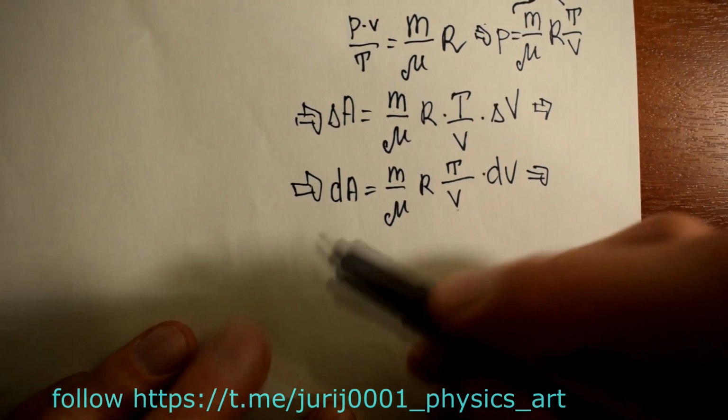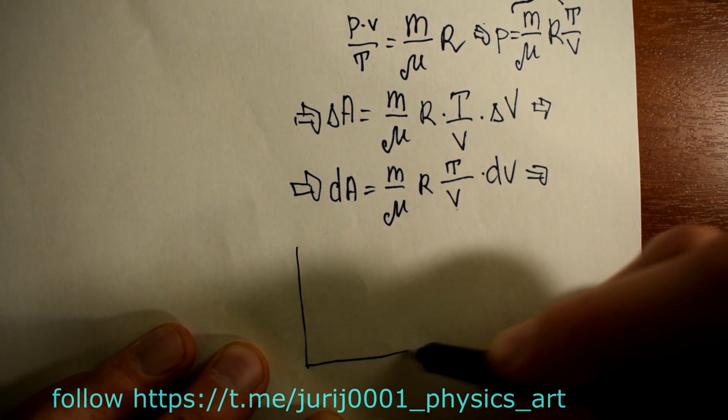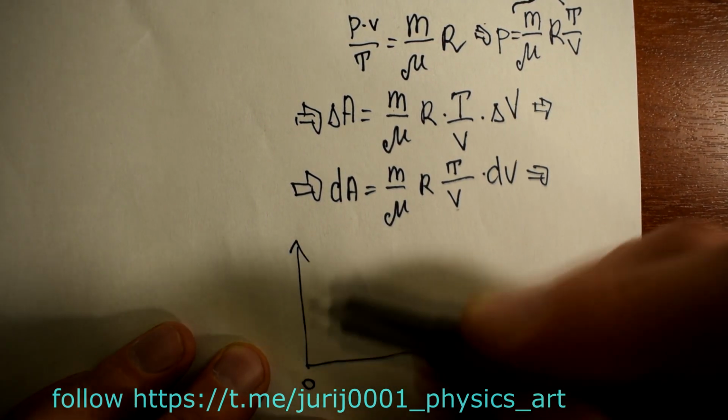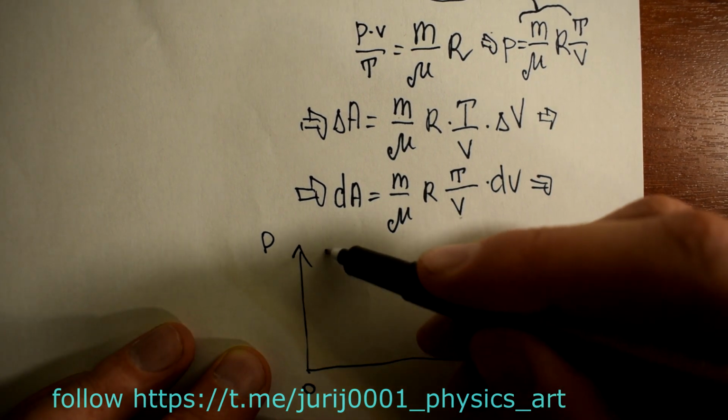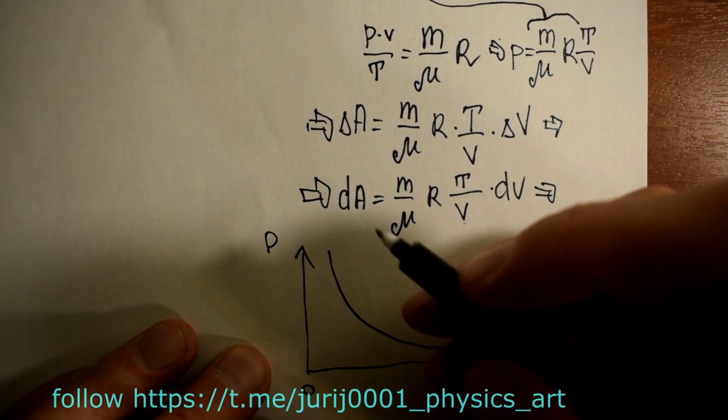In the coordinates of pressure and volume, this is the area of the shaded figure. So I found the work for an isothermal process.